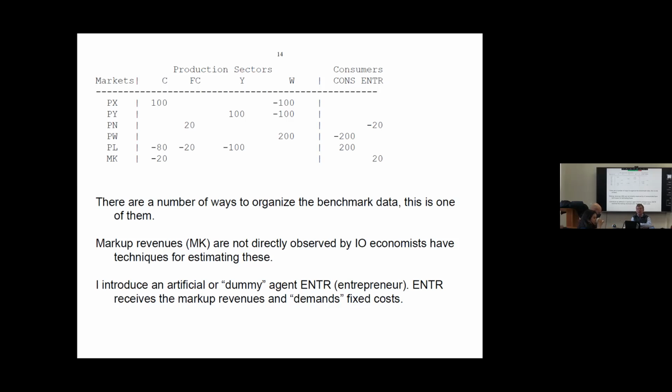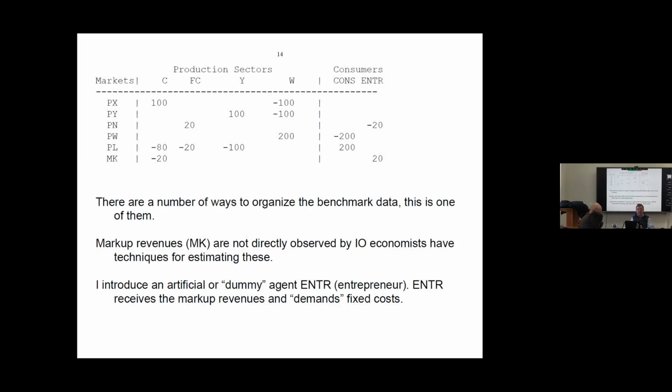There's another agent in the model called entrepreneur. It's kind of a dummy agent to make this work. What happens is that markup revenues in the economy are paid to the entrepreneur.